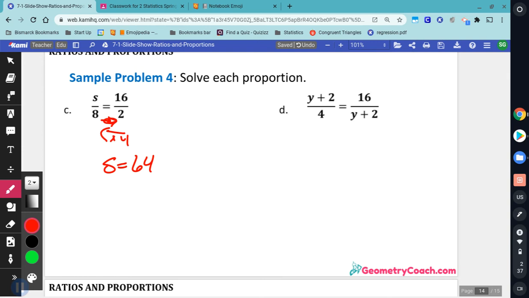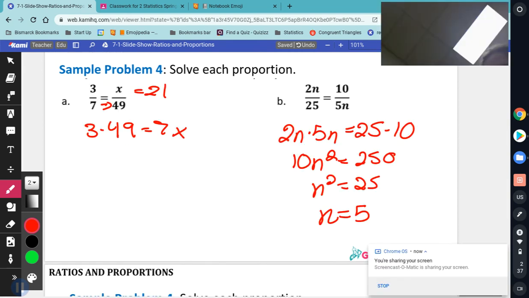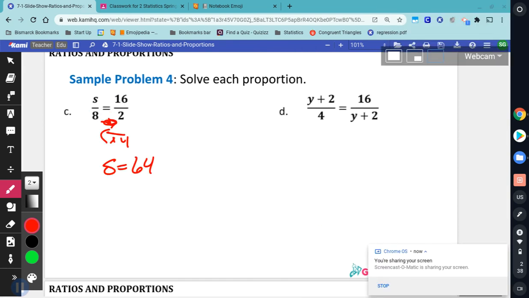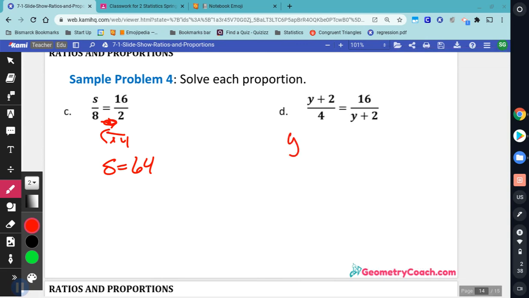And on this one, I'm going to have to do some cross multiplication. So y plus 2 times y plus 2, and you're going to have to double distribute that. So that's where you do the FOIL.